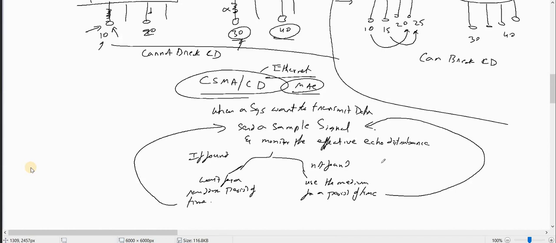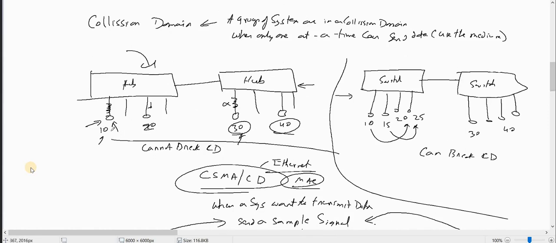Now let us put that in our setup and see. Here 10 is transmitting the data and 30 wants to transmit the data. When 30 wants to transfer the data, it is going to send a sample signal out.